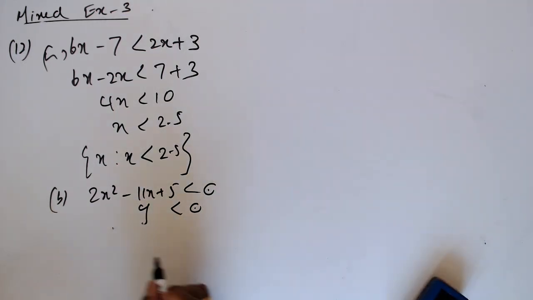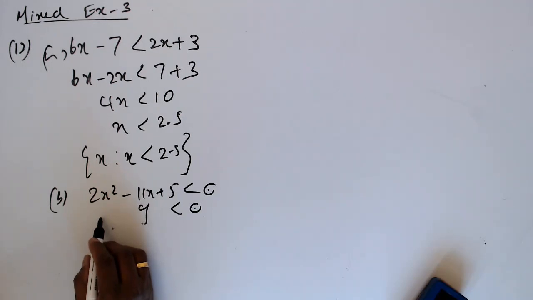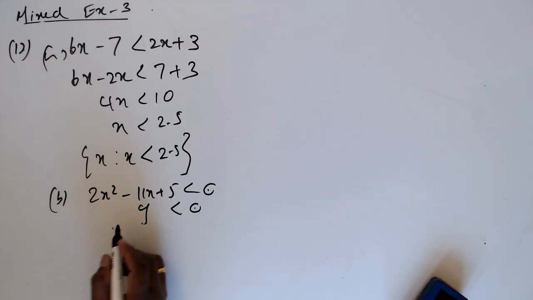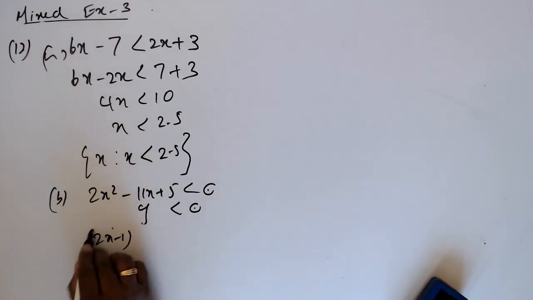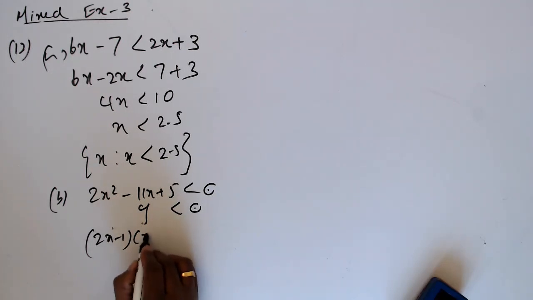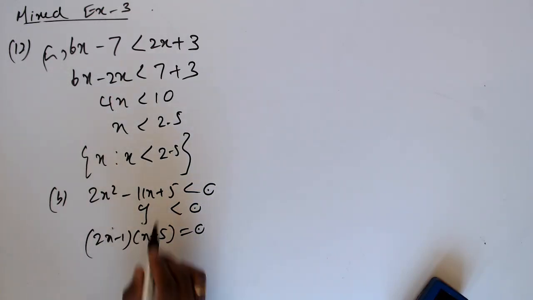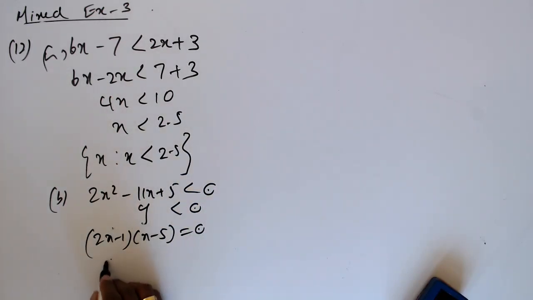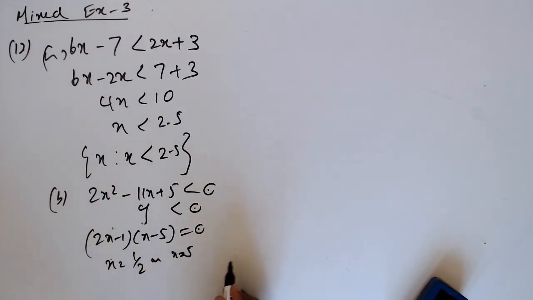So having this knowledge, we'll factorize this one. I'm not going to draw this one this time. 2x minus 1, x minus 5 equals 0. Those are the factors. x equals half, x equals 5.